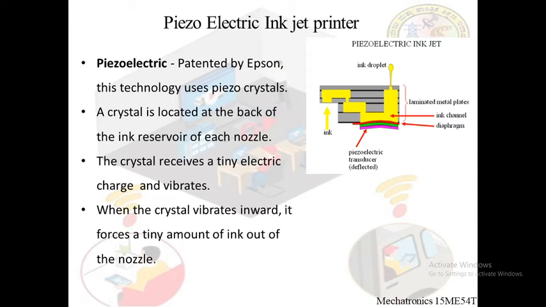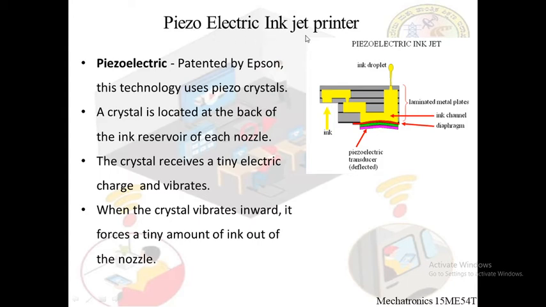Another widely used technology is the piezoelectric type inkjet printer, which uses the property of piezoelectric material. Because of the piezoelectric effect, the ink is pushed out of the nozzle as and when necessary. All this forms the drop on demand type printers.